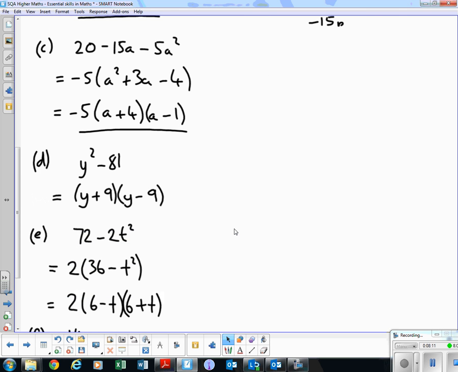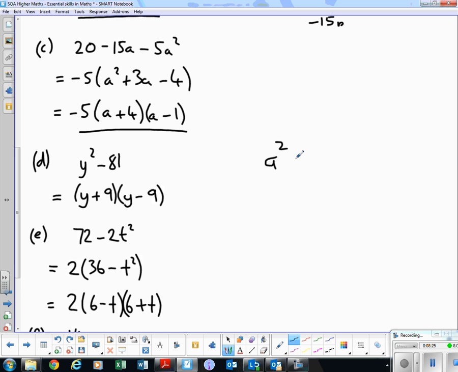Part D is the difference of two squares. So we should be able to spot difference of two squares. Basically, we have a squared term and just a number term. There's no y term in the middle. That's how we spot them.